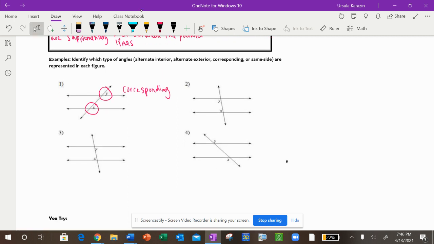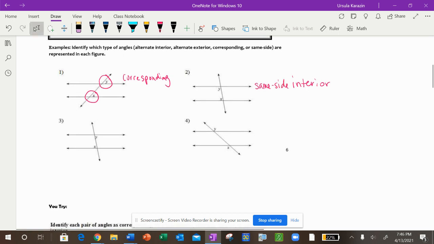Then number two, these are both interior. So I know it's going to be something with interior. I just need to decide, are they on alternate sides of the transversal or the same? They're both on the left, so that's same side interior. Number three, they're both interior. Are they on the same side of the transversal or opposite?